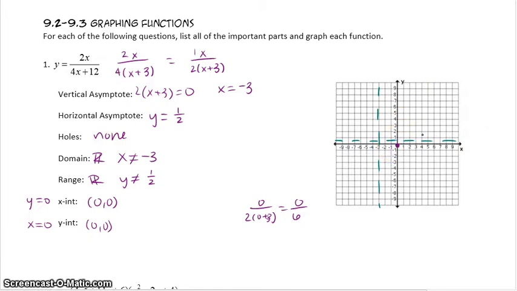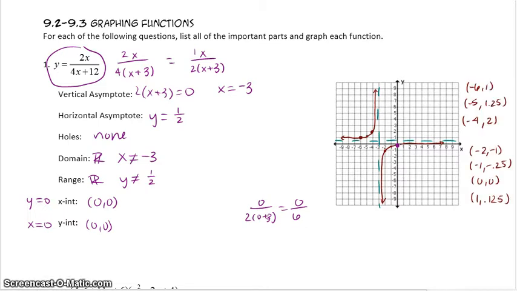So then from here we have to find 3 points to the left and 3 points to the right of our vertical asymptote. I want you to plug this original function into your calculator, find 3 points to the left and 3 points to the right, write those out, and plot those points. So pause the video and do all of that and then compare with what I have.